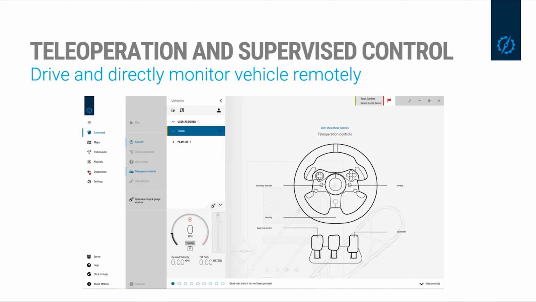So if a vehicle will be traveling on a roadway within the proving ground where there may occasionally be mixed traffic, a user has the ability to command the vehicle to drive, but must hold a dead man switch in order to enable that driving. This isn't the standard, but does provide a unique opportunity for supervisory control.